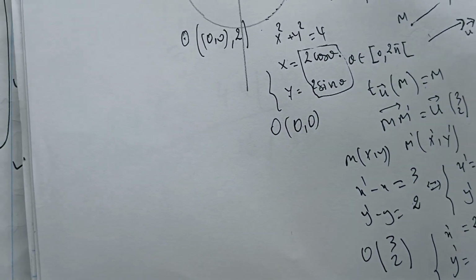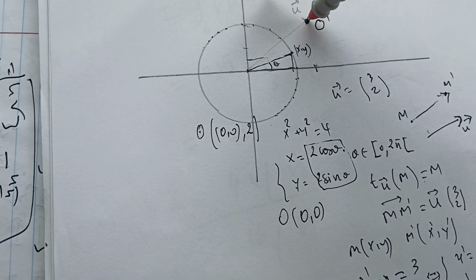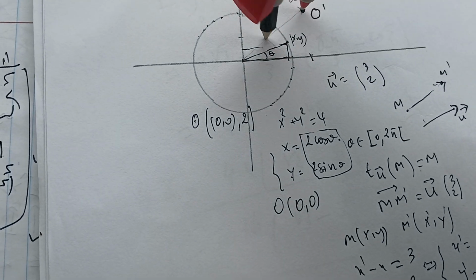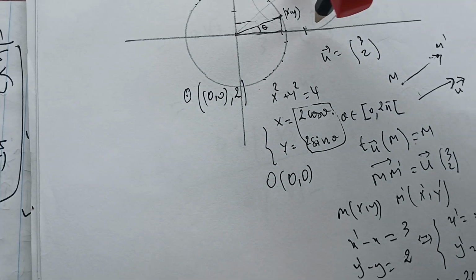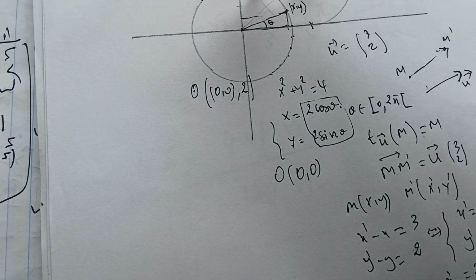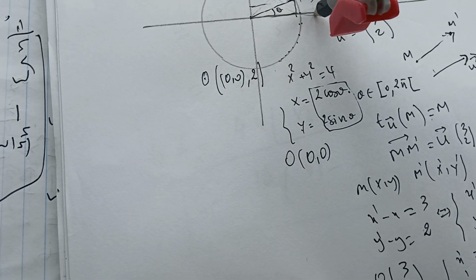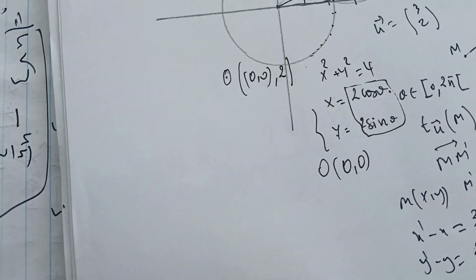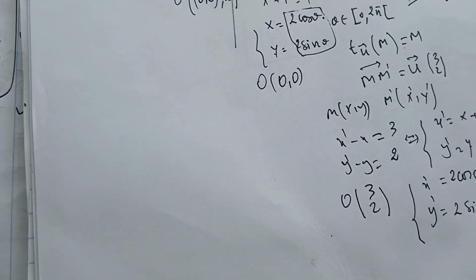So if I do this, using this one, I'll get it like this. Yes, it's the same circle. Okay, so I had to move it here. So this is the equation of the circle.